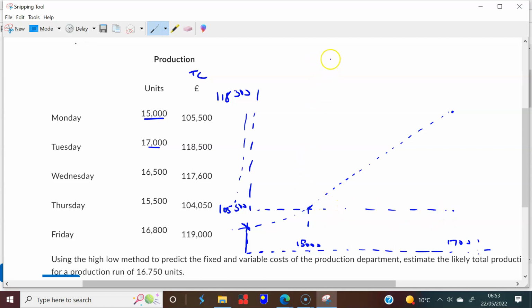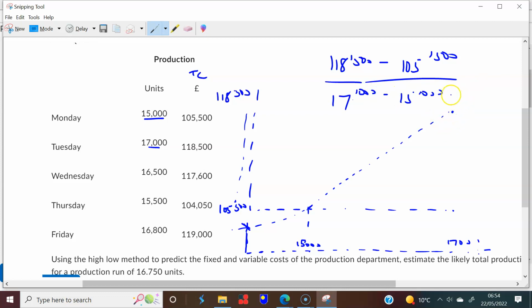So therefore, what we're saying is 118,500 minus 105,500, divided by 17,000 units minus 15,000 units, to get that variable cost.